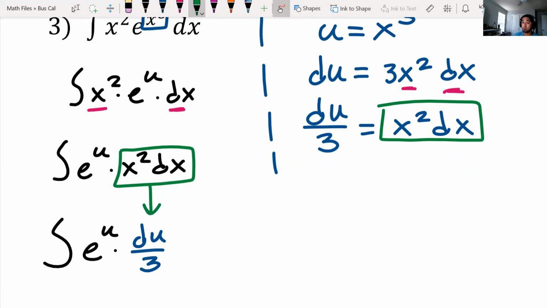That's all by substitution. We're doing nothing but substitutions. So since those x squared dx match up, we're now saying that x squared dx is du over 3.